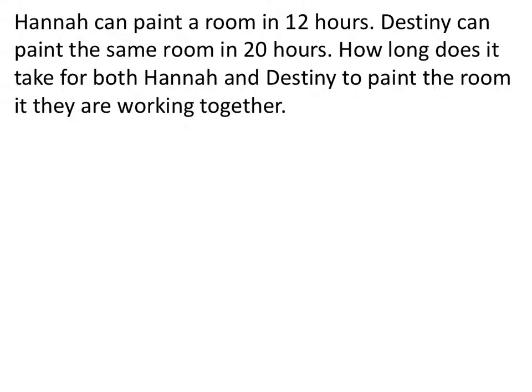So, first I would think about this. We've got Hannah's, and then we're going to add Destiny. And when we add them together, we should get, I guess I'm looking at it in terms of jobs.